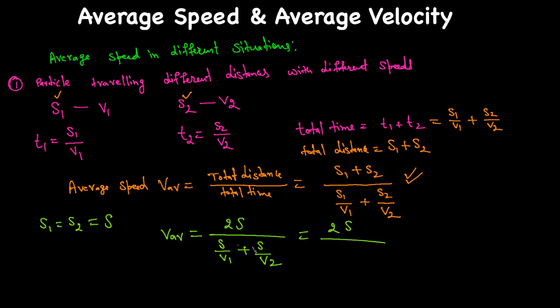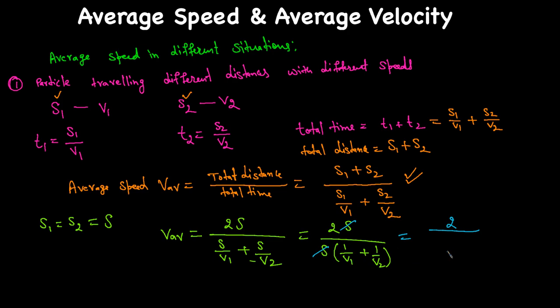Taking s as a common factor, I'm left with 1 over v1 plus 1 over v2, and this s will cancel the s in the numerator, giving 2 over.